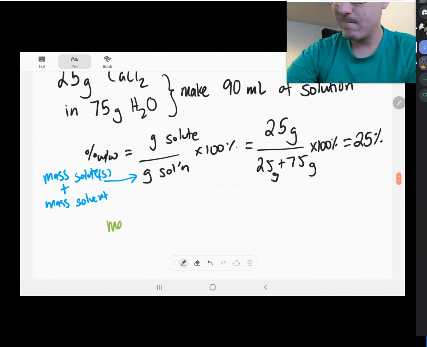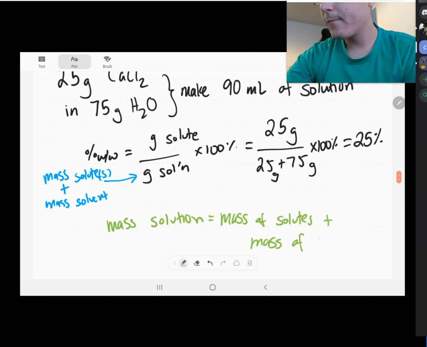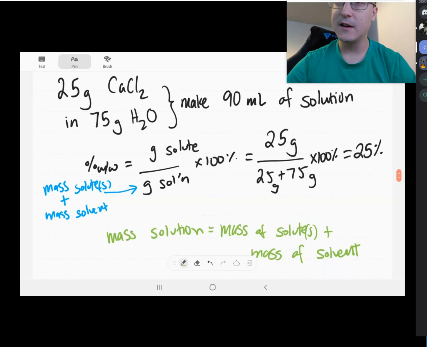So mass of the solution equals the mass of all your solutes as well as the mass of your solvent. All right, so in this case we had one solute, and of course we have one solvent. So we were able to add those together to get the mass of solution, since this particular formula uses the mass of solution on the bottom.